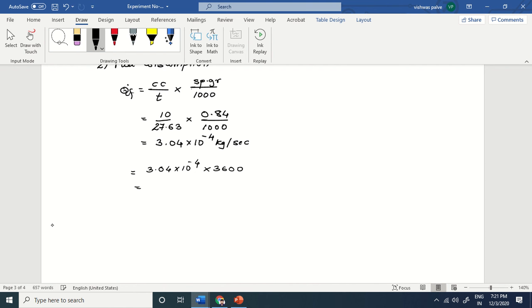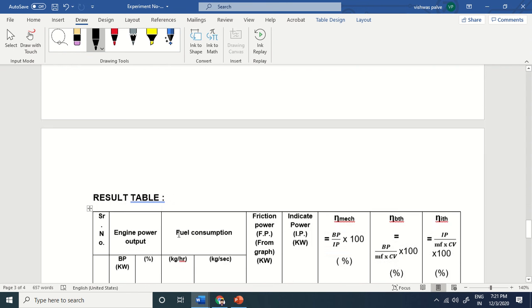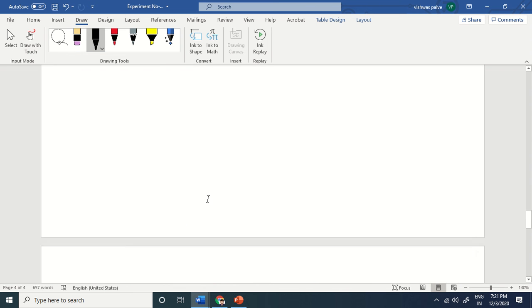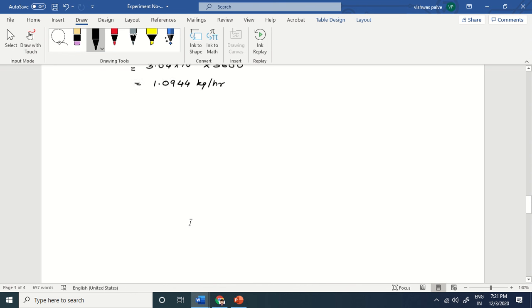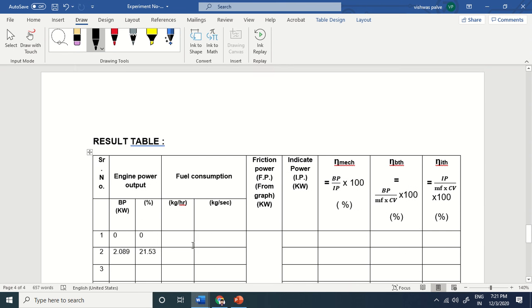When you multiply by 3600 you will get 1.0944, and this unit will be kg per hour. So here we can calculate kg per hour and kg per second. So this was the first set of reading.